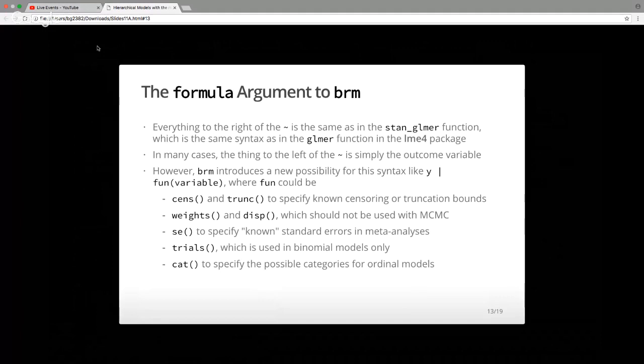If you're doing an ordinal model, you can specify the number of categories, all things that have these special functions associated with them. And if you want to use any of these, then if y is your outcome variable, you just do y bar, cat, whatever, tilde, the variables that go into your ordinal model.